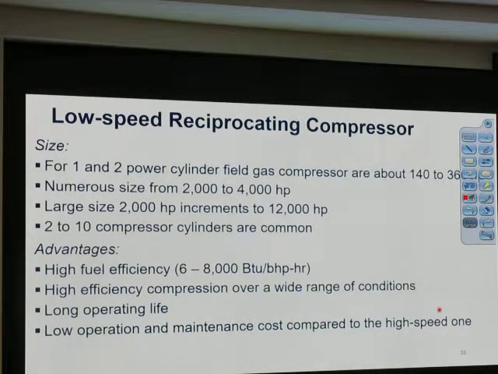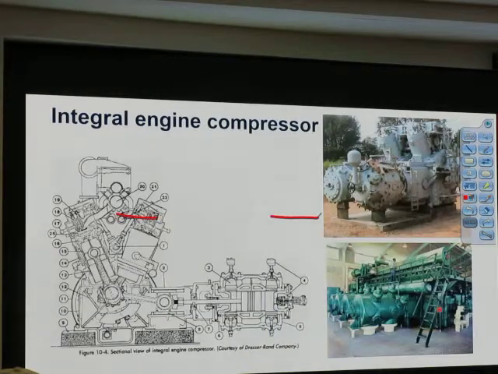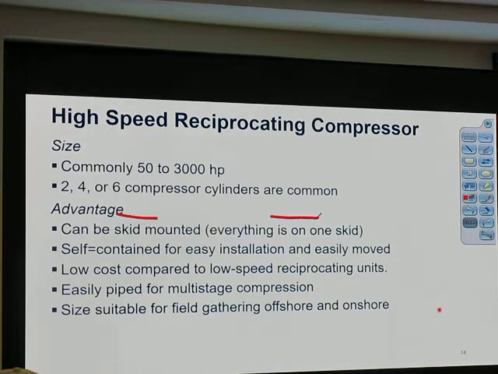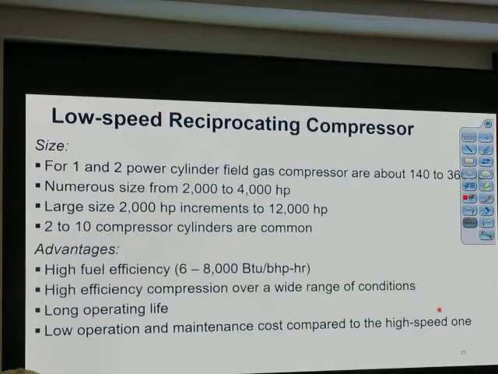Almost done. You know the theory. Low speed, you see this time we can do up to 12,000 horsepower. What about high speed? High speed we do how much? 50 to 3,000 horsepower. That is not a number to memorize, but what I want to say is that high-speed reciprocating compressors generally have a lower horsepower range compared to slow speed.